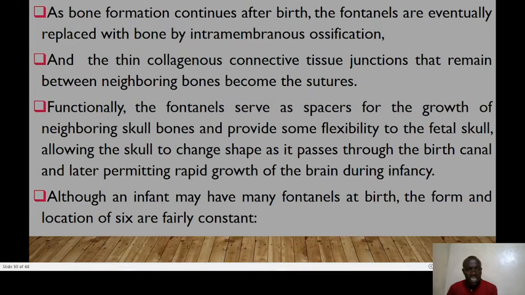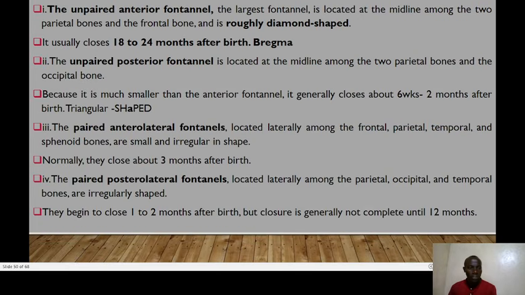Functionally, the fontanelles serve as spaces for growth of neighboring skull bones and provide some flexibility to the fetal skull, allowing the skull to change shape as it passes through the birth canal and later permitting rapid growth of the brain during infancy. Although an infant may have many fontanelles at birth, the form and location of 6 are fairly constant.